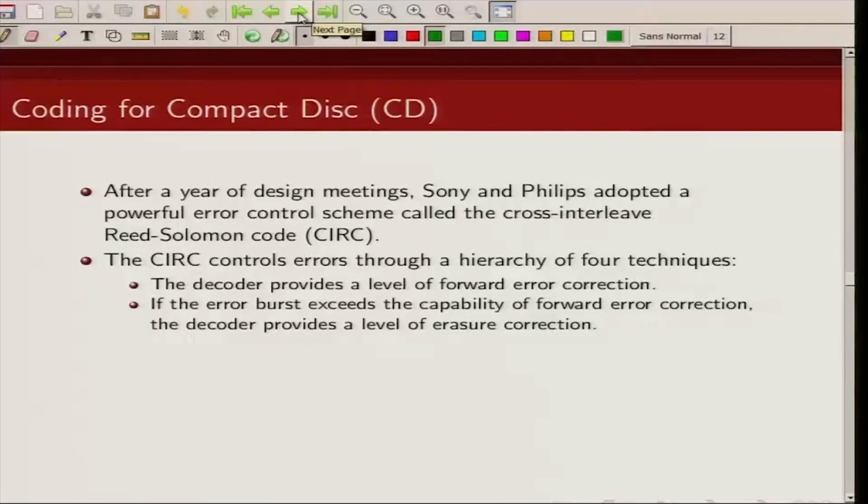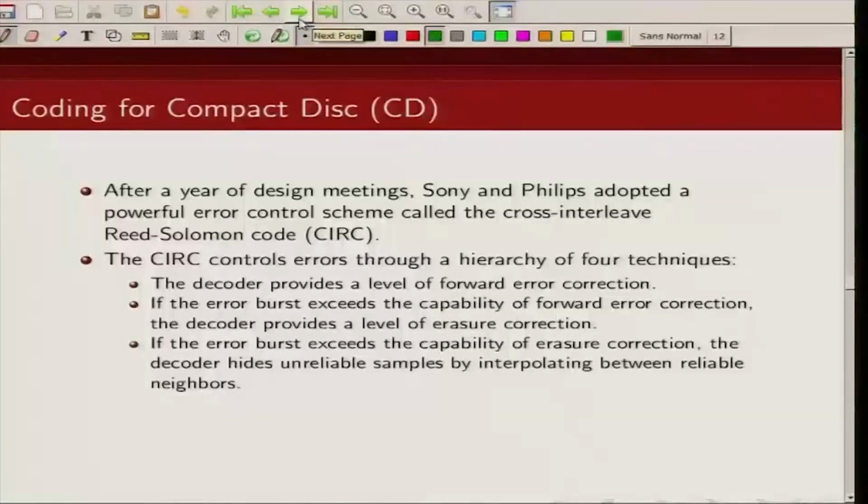An erasure is a bunch of neighboring bits getting erased, not being able to be recovered. So if the error correction fails, at the second level the decoder can do erasure correction and try to recover that data.